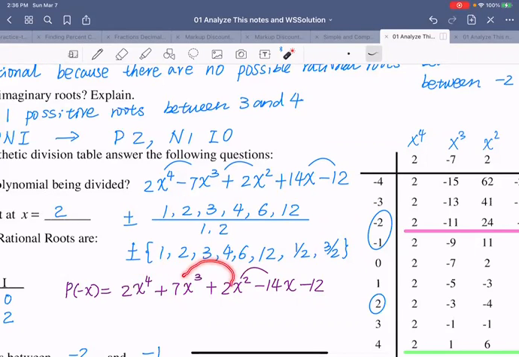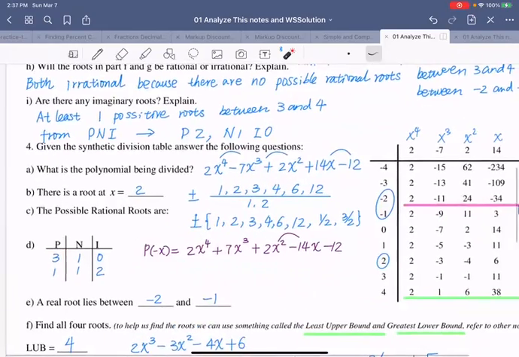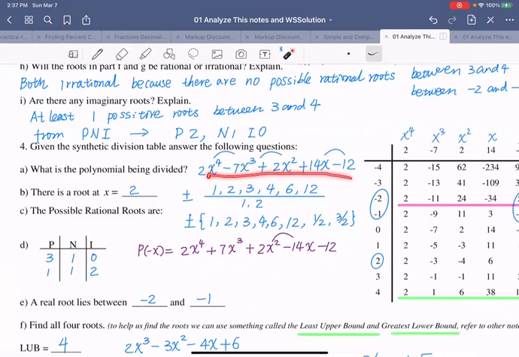This is positive, stays the same, you don't count. Positive, negative, you count as 1 time. Negative, negative, no change, you don't count. So the P is 3, N is 1, okay? That makes sense?